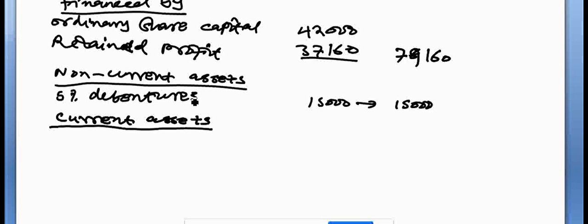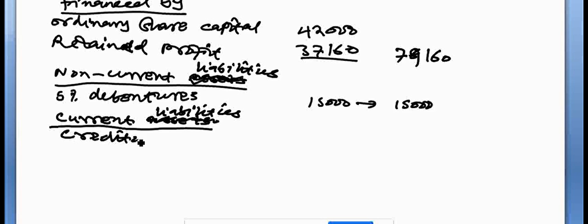Next ni, sorry kwa kusema assets, this is liabilities. Yeah, sorry, also for this should be current liabilities. Well, for that, the current liabilities we have include creditors and what else, and bank overdraft.